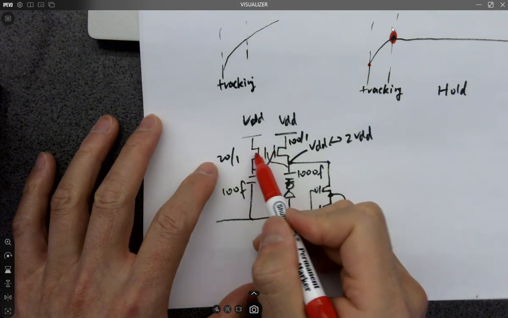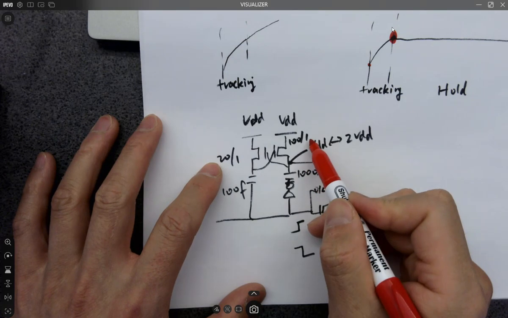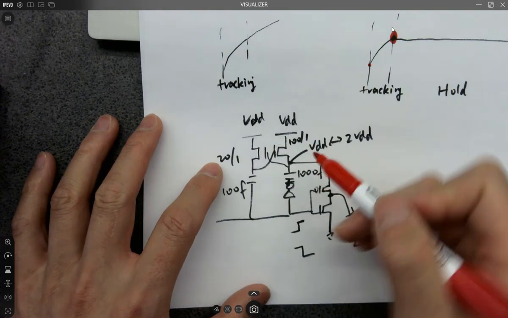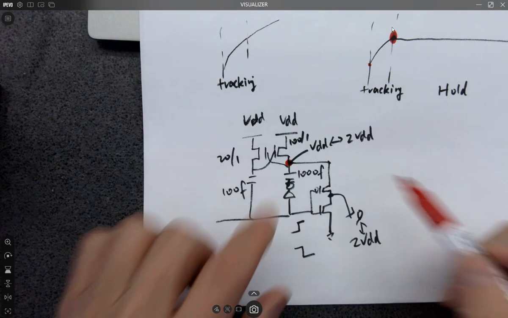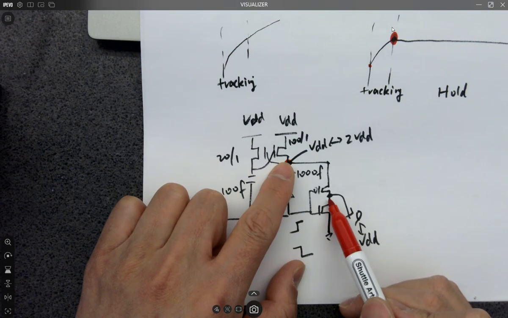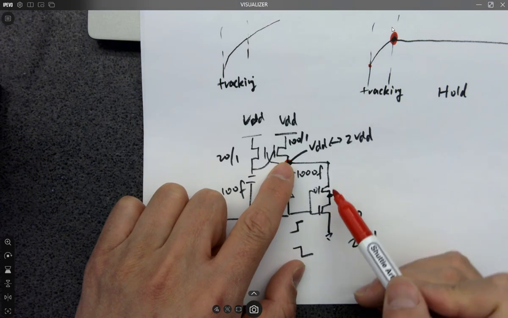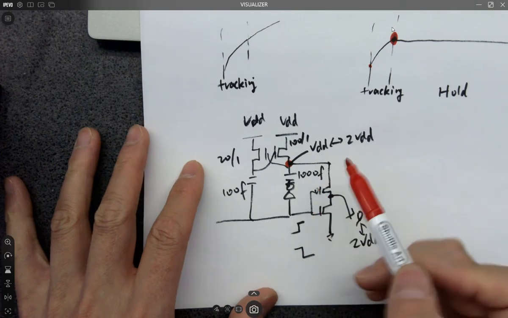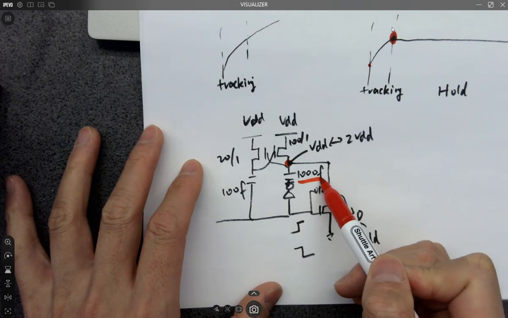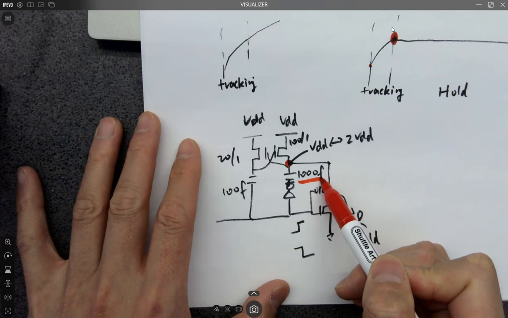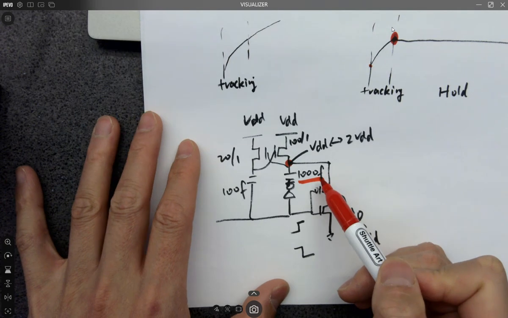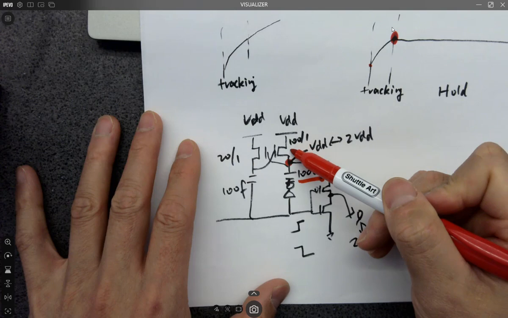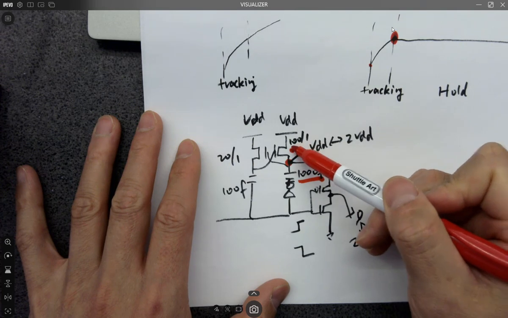For this guy, it's only 20 versus 1, but this is 100 versus 1. The reason is that this point is driving another inverter as an output. So it's driving the output. We hope this is a bigger capacitor with a stronger driving capacity. The same for this transistor, so I'm making this one wider.